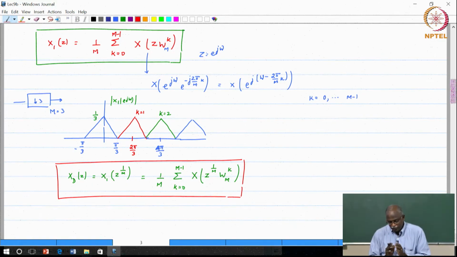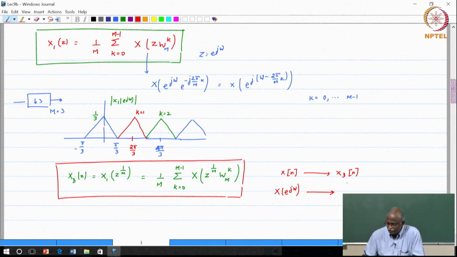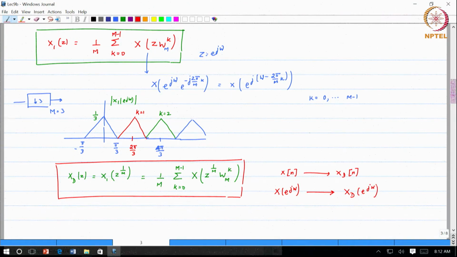Now very often when we go directly from x of n all the way to xd of n, which will then mean that you are looking at the spectrum of xd of e^(j omega) from x of e^(j omega), there is all sorts of confusion, because you do not know where the scaling is occurring and where the shifts are occurring.